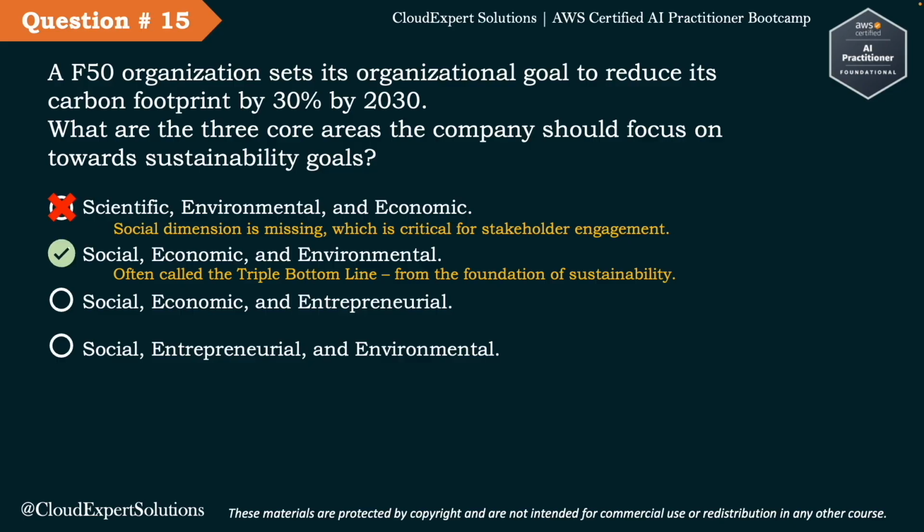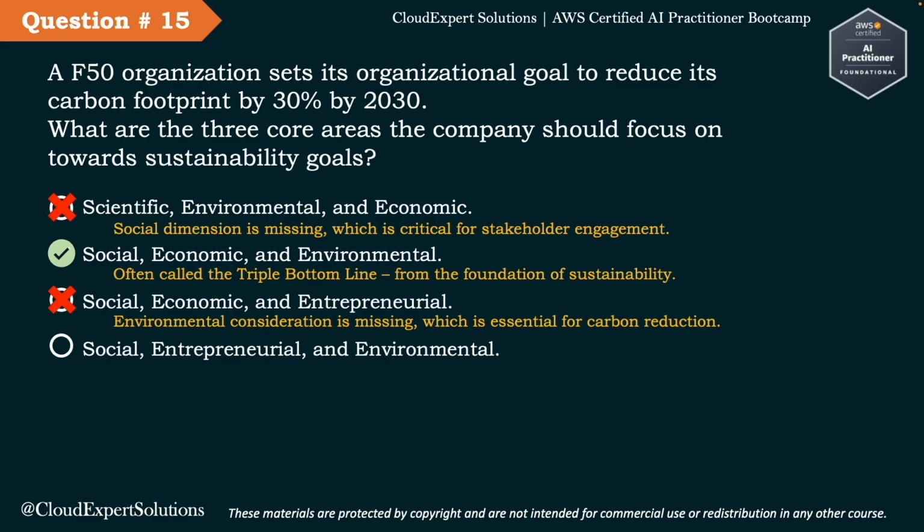Let's park it and review the third option, social, economic and entrepreneurial. Entrepreneurial aspect can drive innovation, but it is not recognized as a sustainability pillar. Moreover, the company wants to reduce carbon footprint and environment is missing. That is why this is not the correct option.